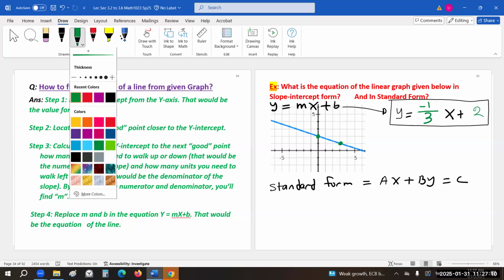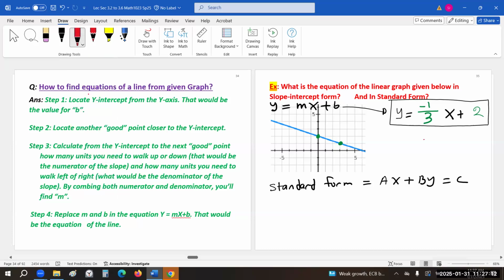So all you have to do is add 1/3x to both sides. So right side cancels out, and we have on the left 1/3x plus the y equals 2.